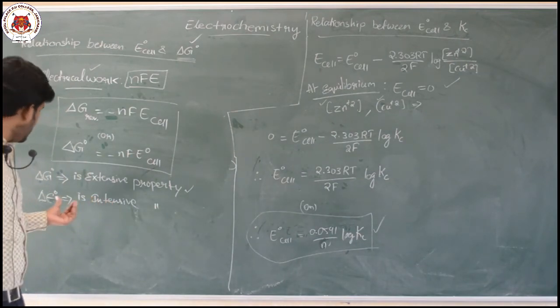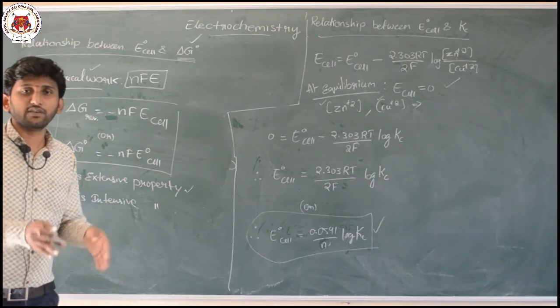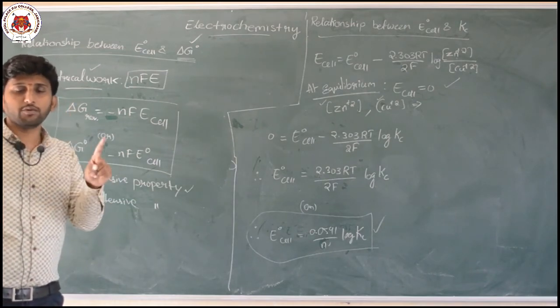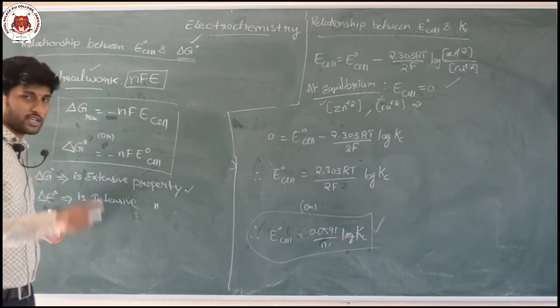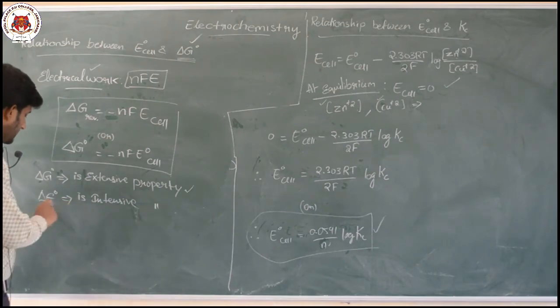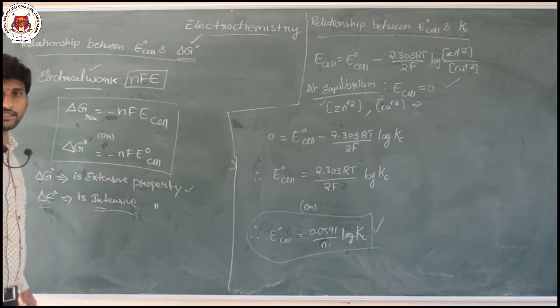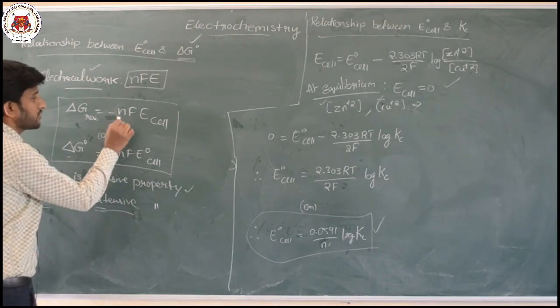That is, the standard EMF of the cell is not dependent on its mass, because for standard EMF itself we take unit molar concentration of redox couples. We always fix the concentration at unity, meaning it remains constant. That means E naught is an intensive property, whereas G depends upon the number of moles.